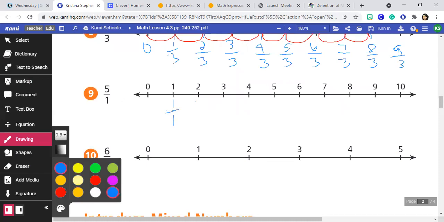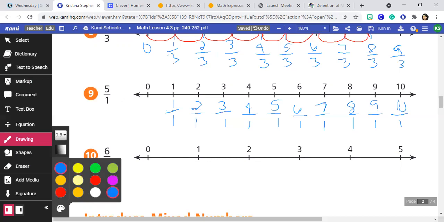1/1, 2/1, 3/1, 4/1, 5/1, 6/1, 7/1, 8/1. Oh, why do I always do that? 8/1, 9/1, 10/1.